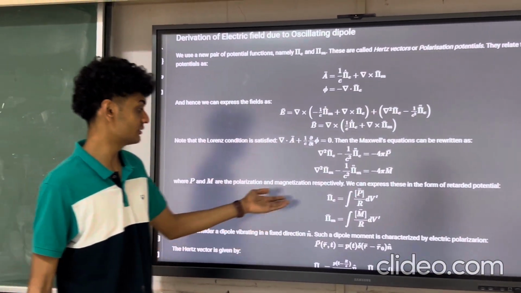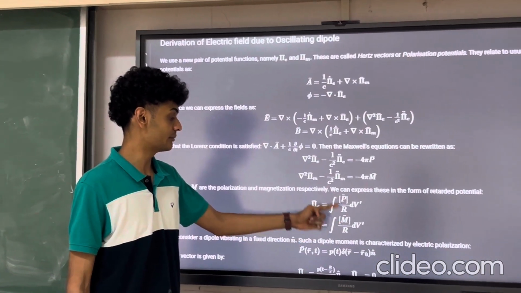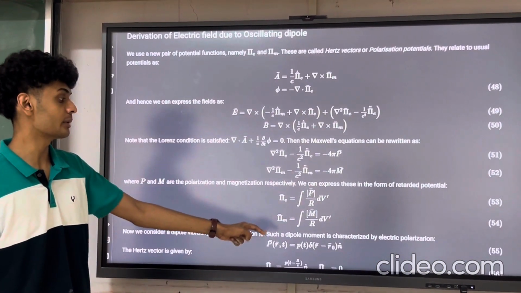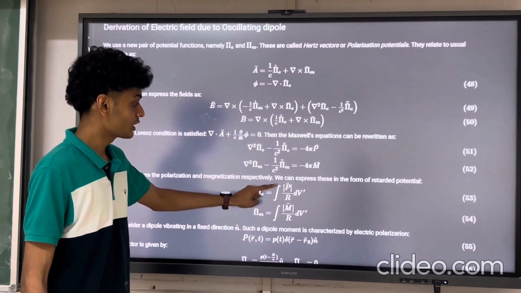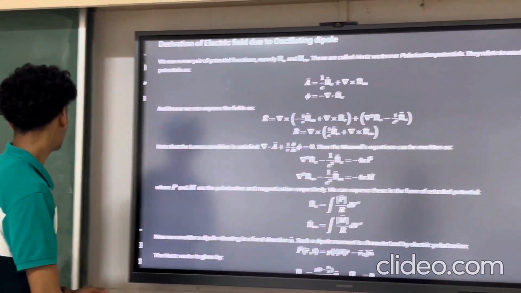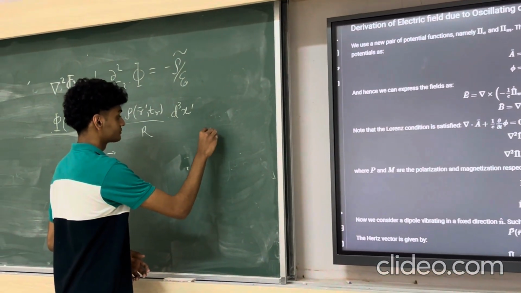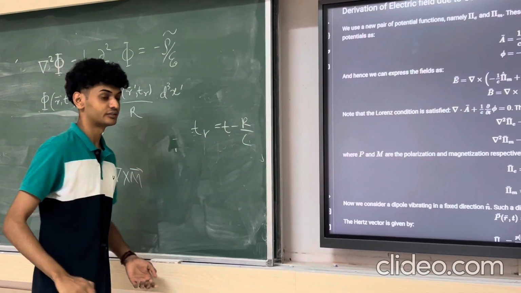Bringing that analogy here, we simply write pi e and pi m in terms of the integrals of p bar by r and m bar by r. The square bracket indicates that p bar and m bar are evaluated at the retarded time, where the retarded time is given by t minus r by c, which is due to the finite speed of light.